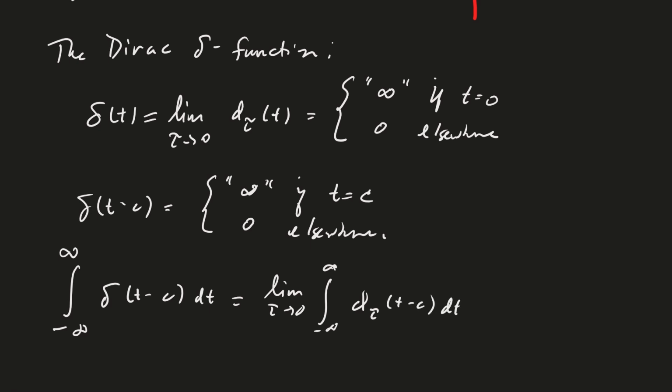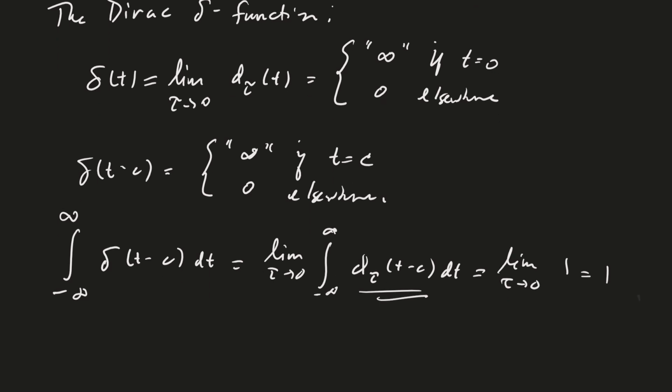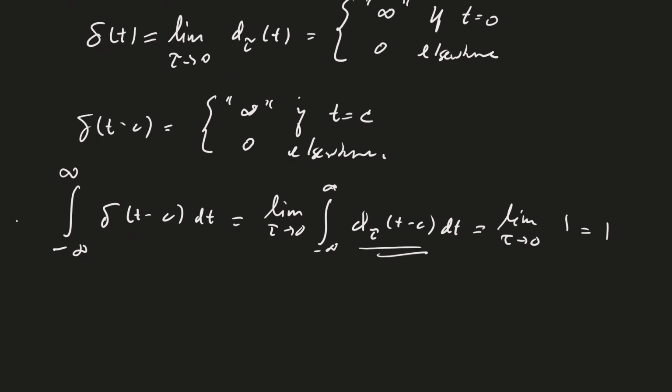Okay, but you'll remember that this d sub tau here was built so that the integral was always equal to 1. And so that's going to be the limit as tau goes to 0 of 1, which is 1. And so this is another weird thing about this function, that even though it has no width, the integral is actually equal to 1.